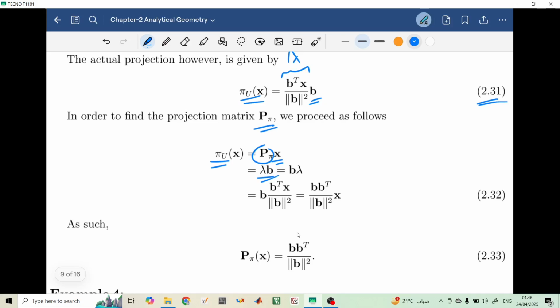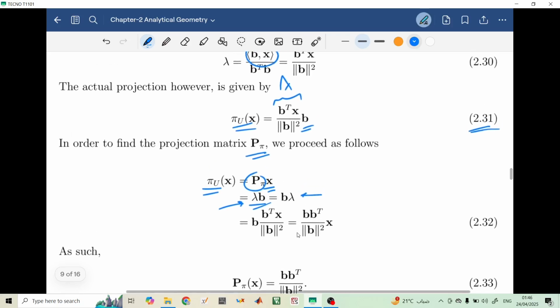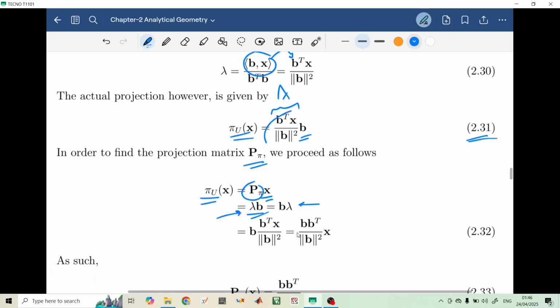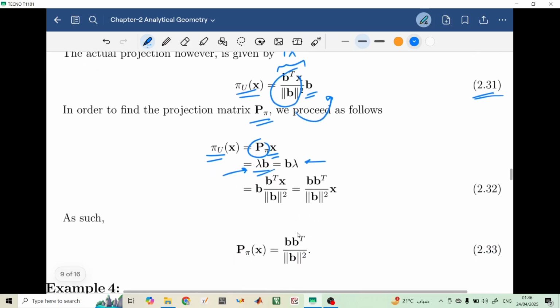So if we rearrange this, since lambda is a scalar, I can multiply it from the left or from the right. If I do it from the right, I can put it in this form. Remember that this is lambda. So if I put this lambda here on the right hand side, I get this one.